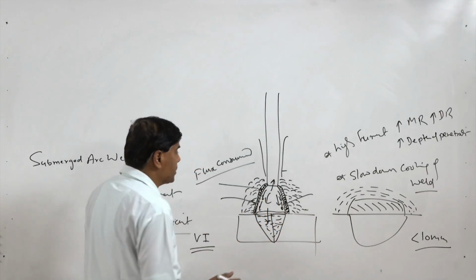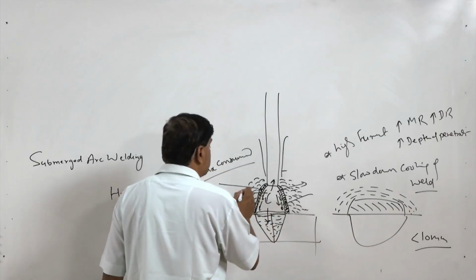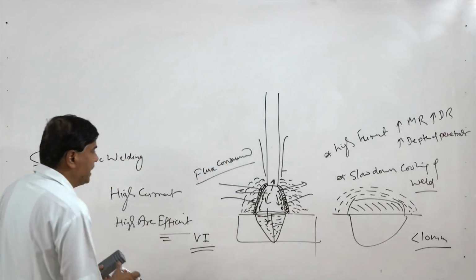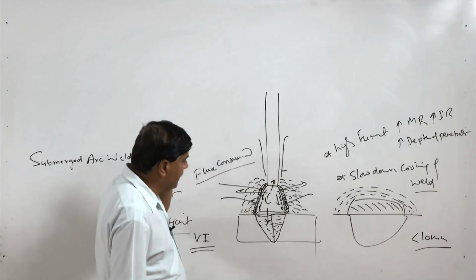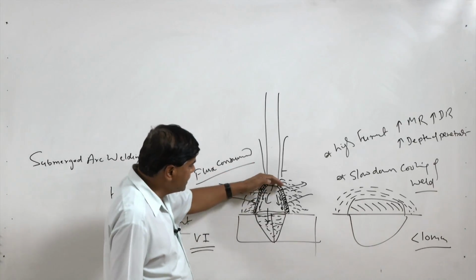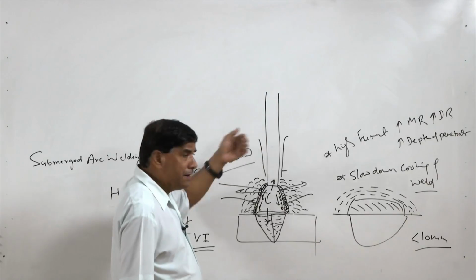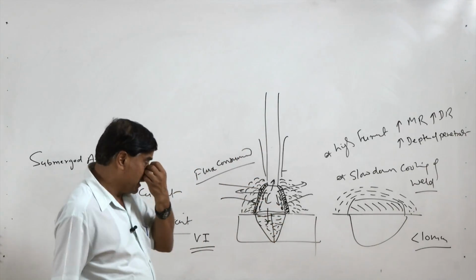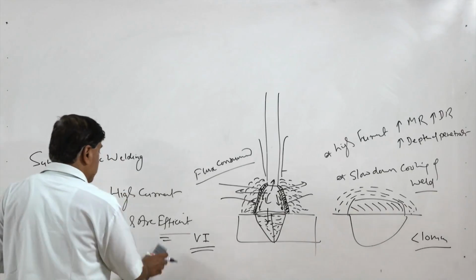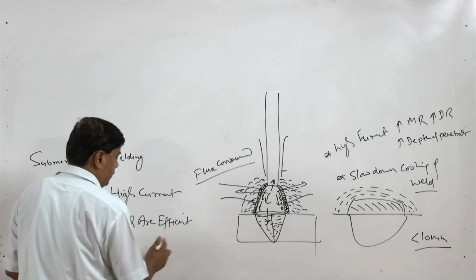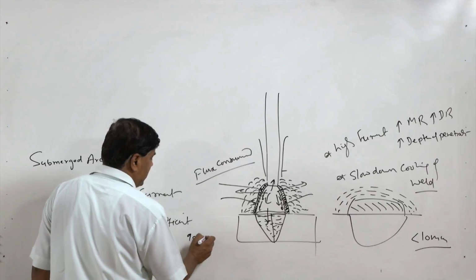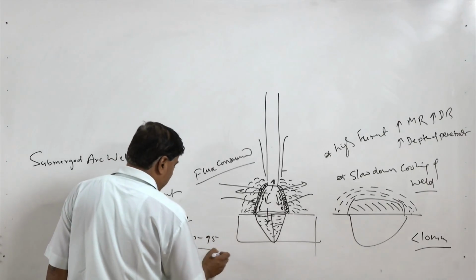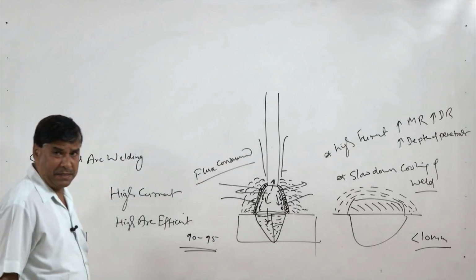So, heat losses to the atmosphere are very limited, and because of this, most of the heat generated in the welding arc is used either for melting of the electrode or for melting of the base metal. That is why this process offers an efficiency in the range of 90 to 95 percent or even higher than 95%.